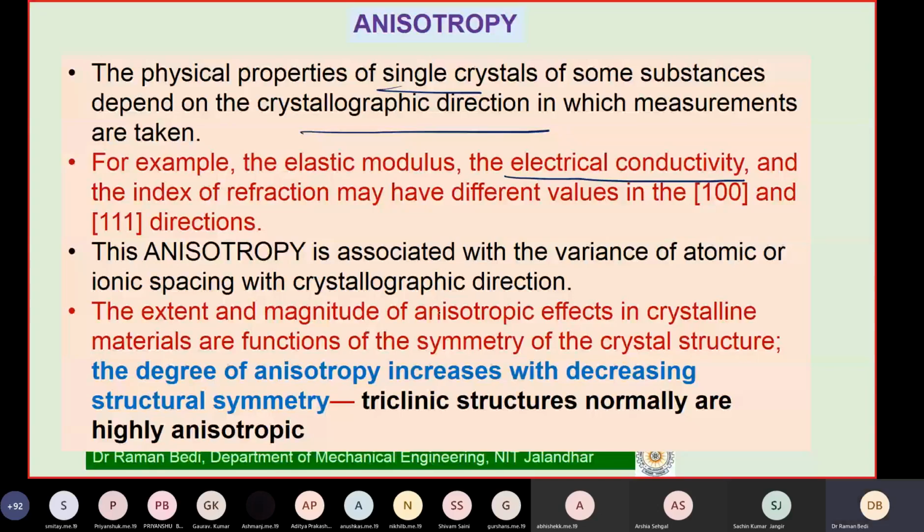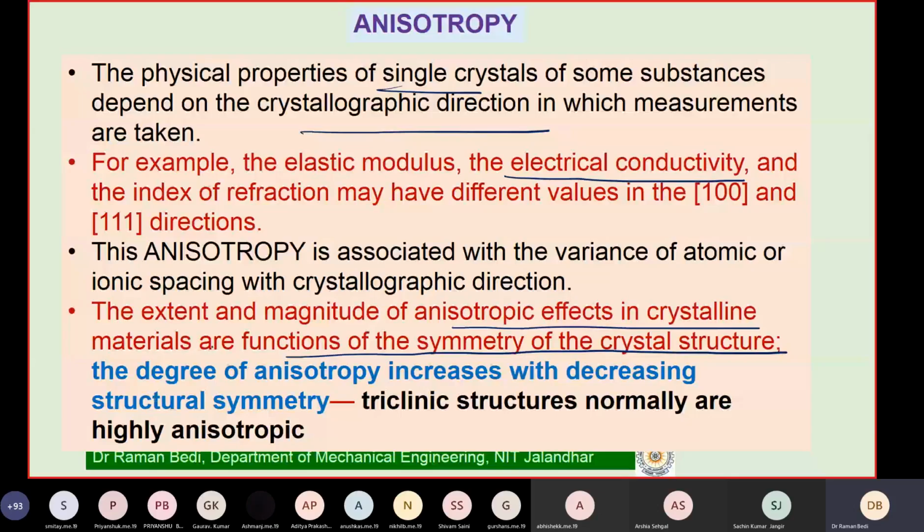The extent and magnitude of the anisotropic effects in crystalline materials is a function of the symmetry of the crystal structure. When you refer to the 7 crystal systems, I said that the symmetry varies. The most symmetric crystal system is the cubic one.